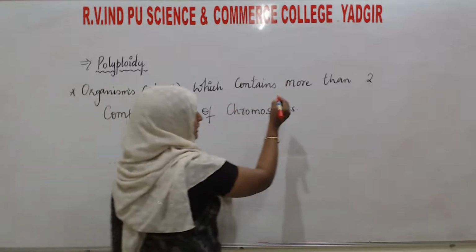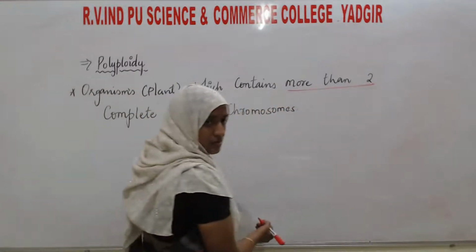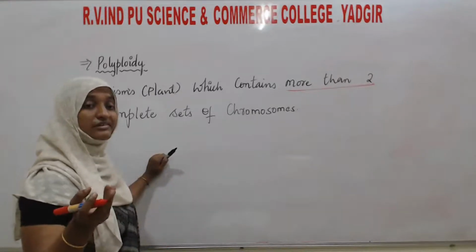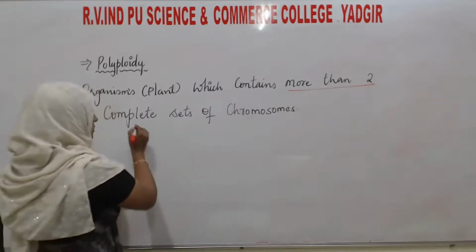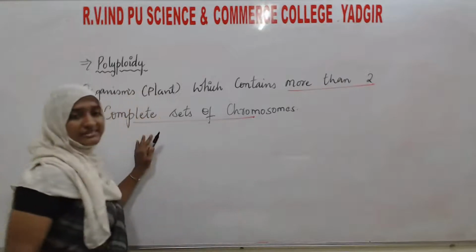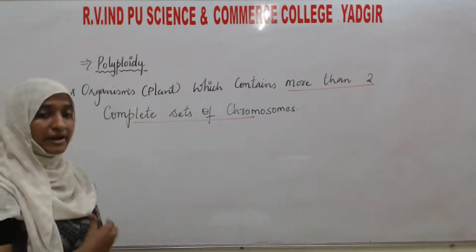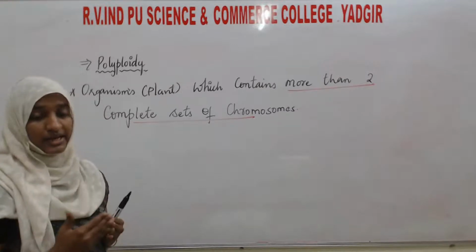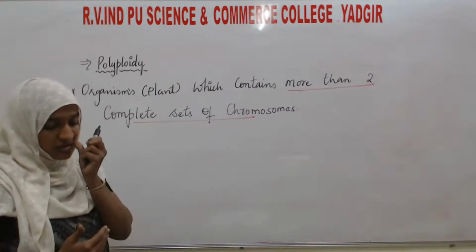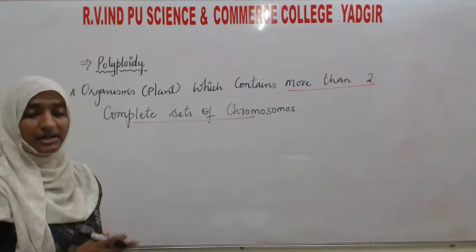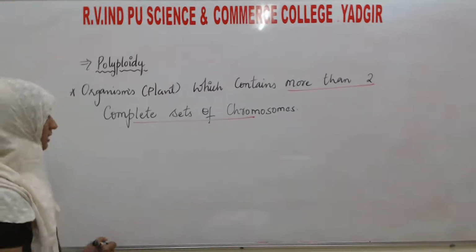Organism or plant which contains more than 2, either 3, 4, 5, 6, like that, more than 2 complete sets of chromosomes, that is known as polyploidy.